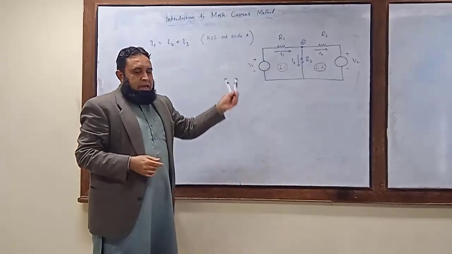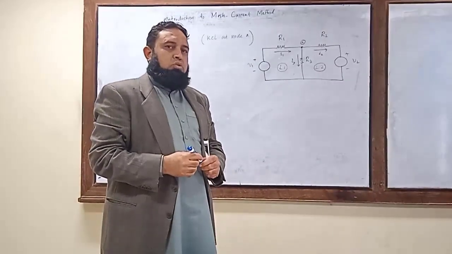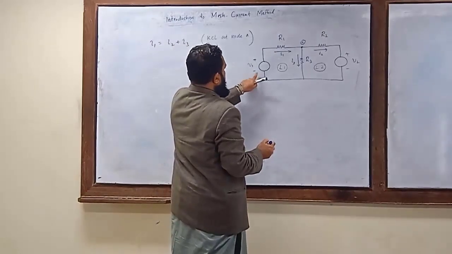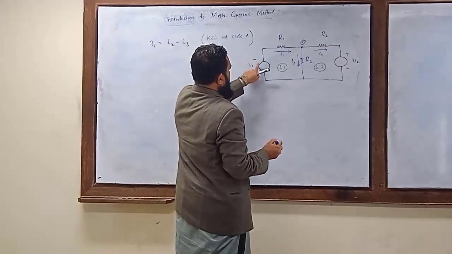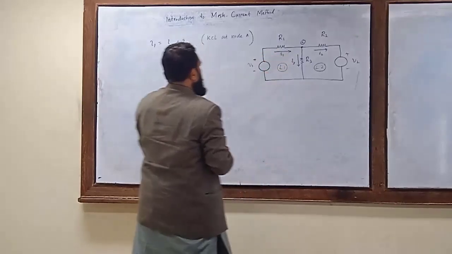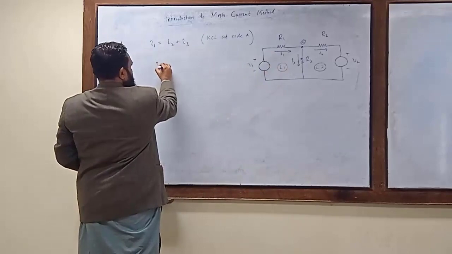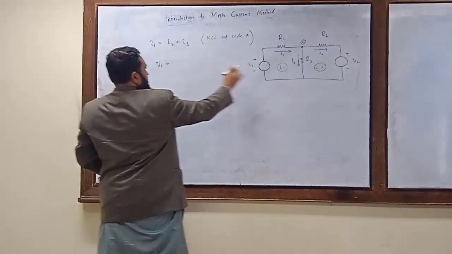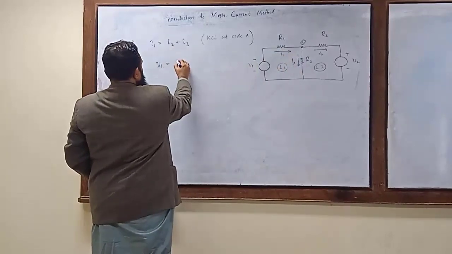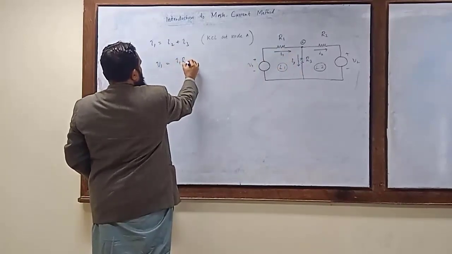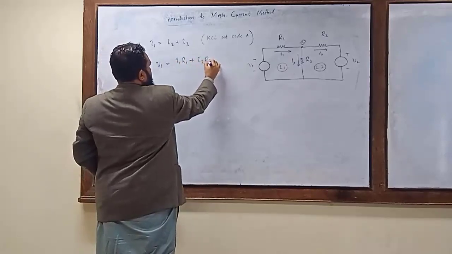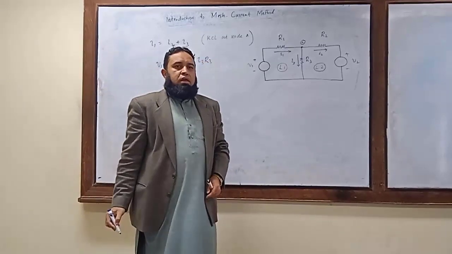So when you apply KVL to loop 1, the voltage rise should be equal to the voltage drop. So if we just use this direction, we have voltage rise V1 and we have voltage drops I1 R1 and I3 R3.